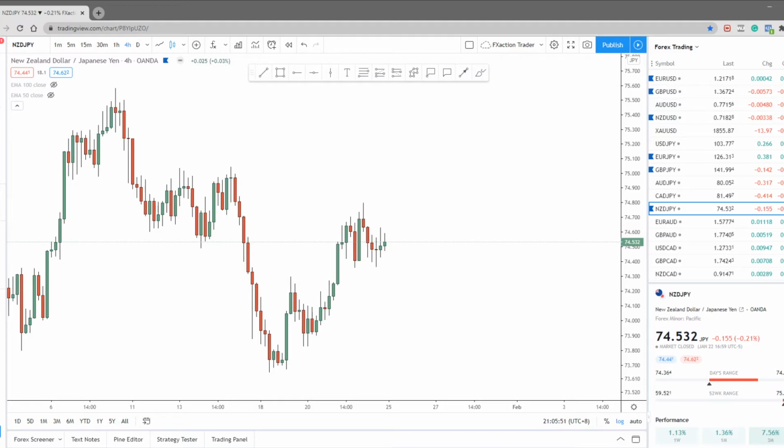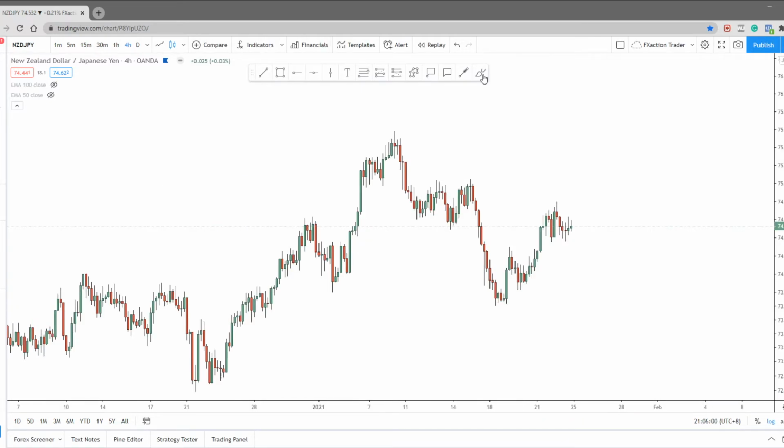So New Zealand dollar on H4, if we look at the overall structure, what we can see is that the market has actually broken up of this trend line, but if you look at the bigger picture, this is a potential lower high that is going to form in line with this downtrend structure.